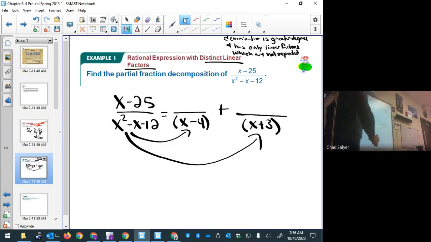Distinct linear factors. Okay, everybody see where these two values come from? Don't need to explain that. And they're going to have some A and some B as their numerator. So these are just regular values, but for whatever weird reason, it's conventional to use a capital letter here, just like for a matrix, but it's not a matrix this time, just a value.